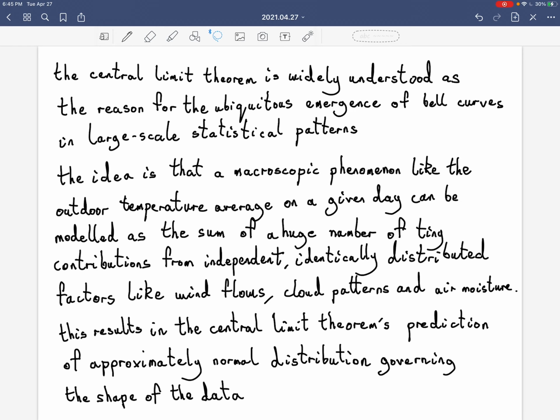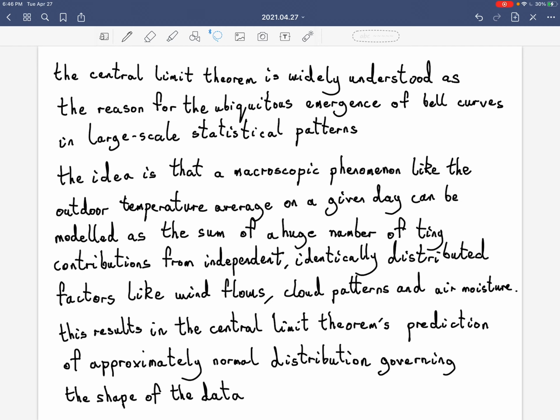So the temperature average on a given day can be calculated as something that you measure on a relatively small scale, the scale of one day.